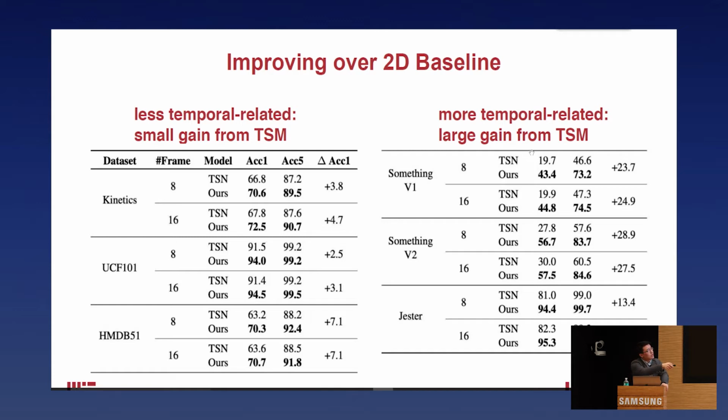On the more temporal-related datasets, we observed 13 to 28% improvement in accuracy compared with those 2D models on Something v1, Something v2, and the Jester gesture dataset. And currently, we rank top first on the leaderboard of both Something v1 and Something v2.